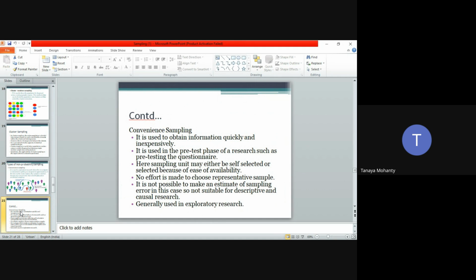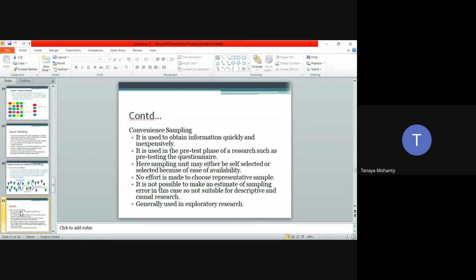So convenience sampling is used to obtain information quickly and inexpensively, because you are just sitting around and you pick up a phone and give somebody you are acquainted with a call, and you try to get some basic information.